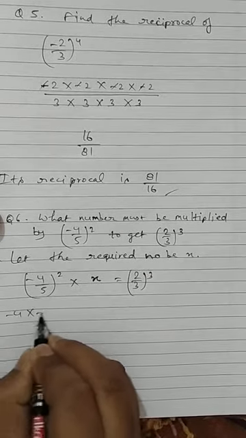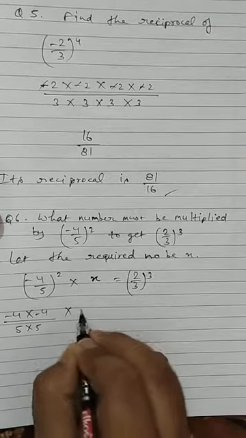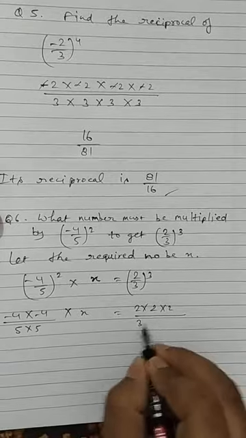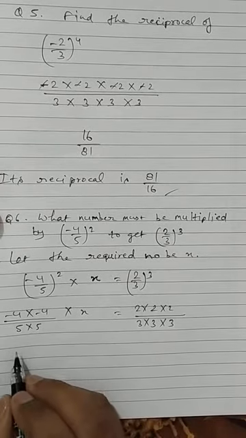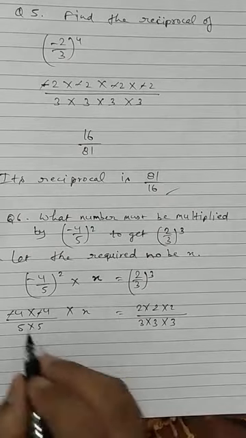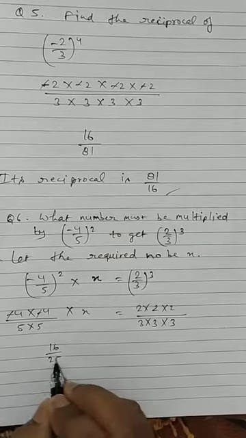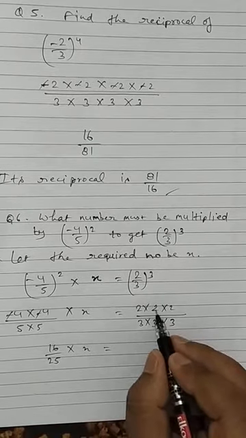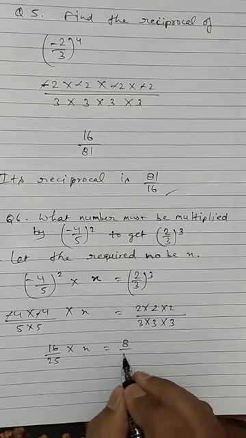Now minus 4 into minus 4 upon 5 into 5. This is the expansion. And 2 into 2 into 2, here 3 into 3 into 3. Here negative negative cancelled. 4 4s are 16, 5 5s are 25. 2 2s are 4, 4 2s are 8. 3 3s are 9, 9 3s are 27.